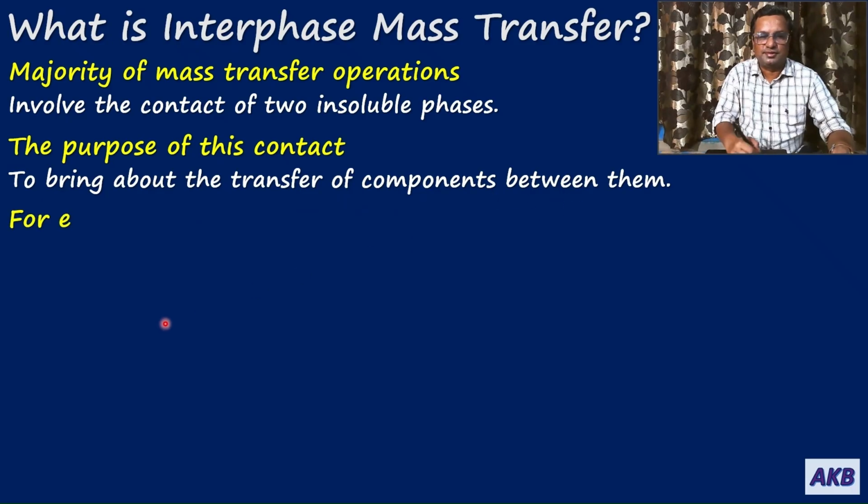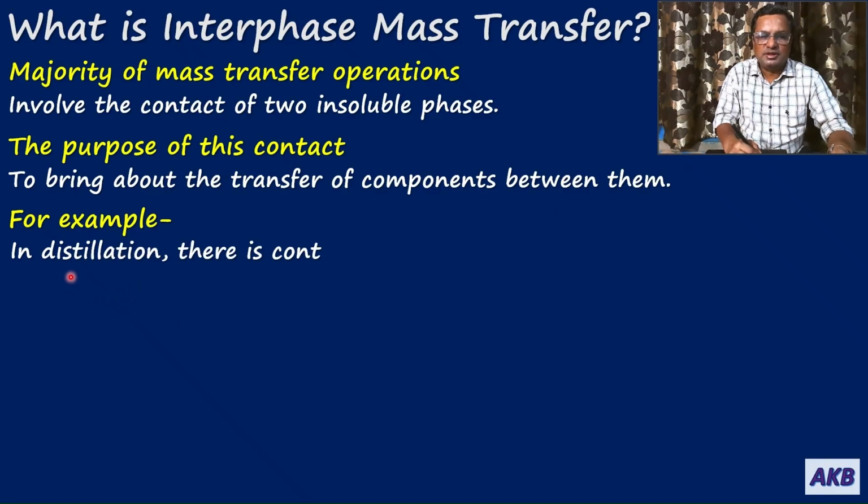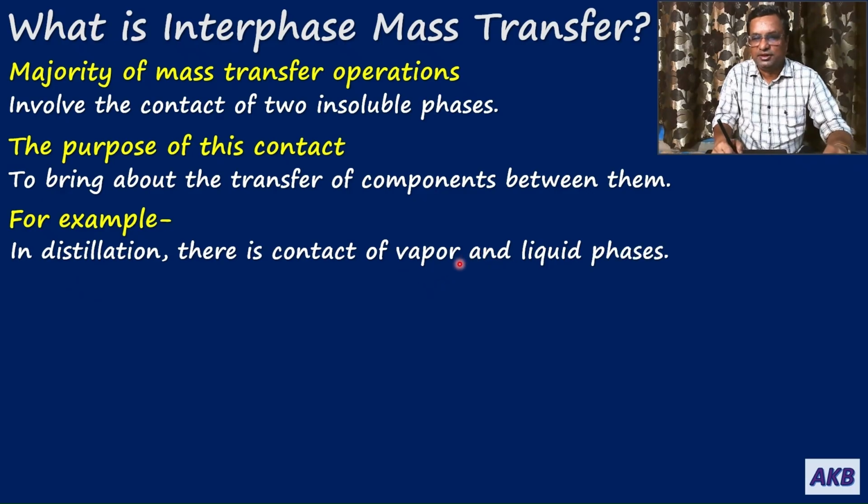For example, in distillation, there is contact of vapor and liquid phases. So in distillation, what happens? Vapor phase is created out of the liquid phase, and during the operation, this vapor phase and the liquid phase are in contact with each other, and during this contact, components get transferred between the two phases.